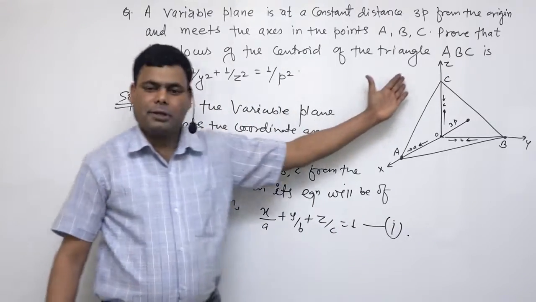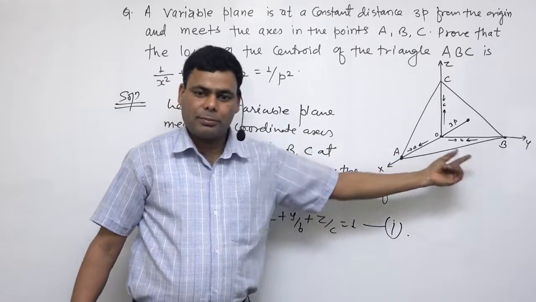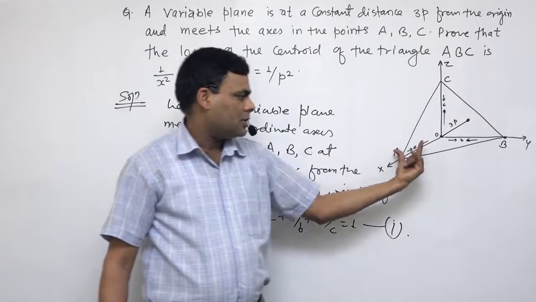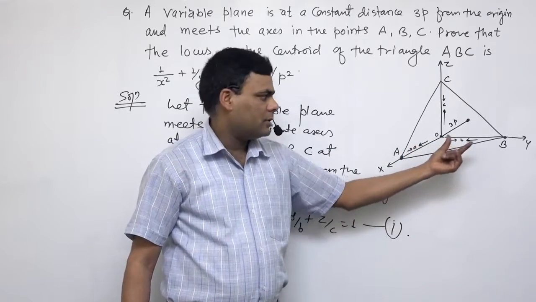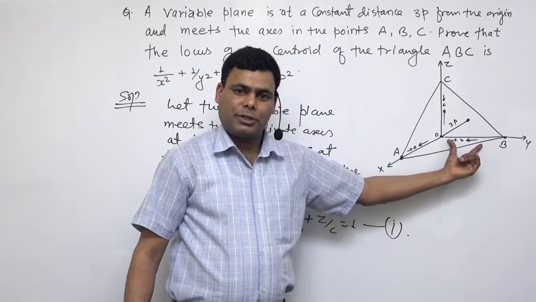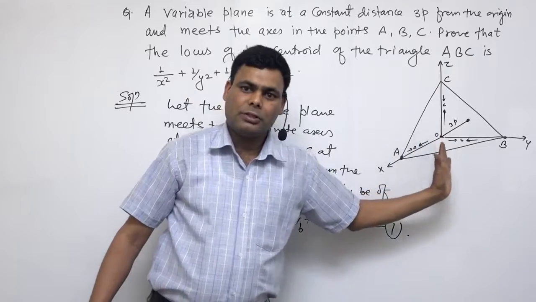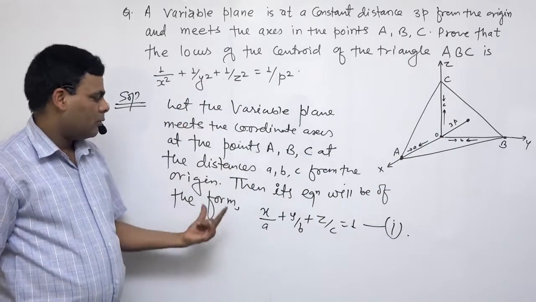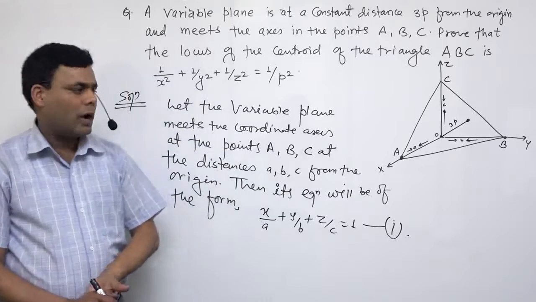A variable plane meets the coordinate axes at the points A, B, C. The point A is small a distance away from the origin, point B is small b distance from the origin, and point C is small c distance from the origin. So the equation of the plane will be of the form x by a plus y by b plus z by c equals 1.